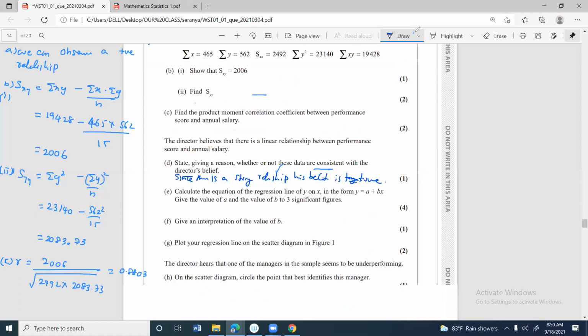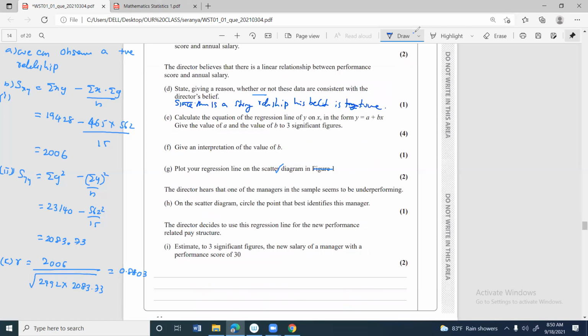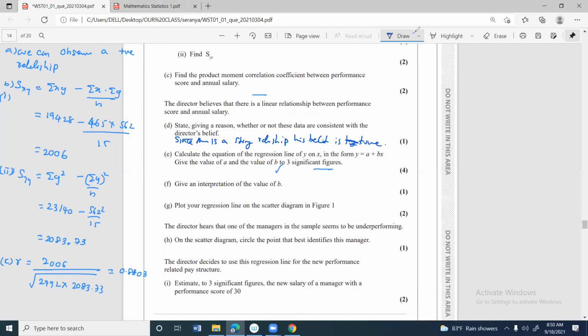Then they mention the equation of the regression line, y is given over here. You need to find the value for a and b. Okay, let's go ahead with this. You know that in the regression equation, the gradient b is given by Sxy divided by Sxx.